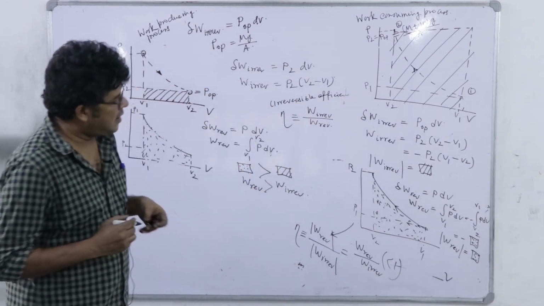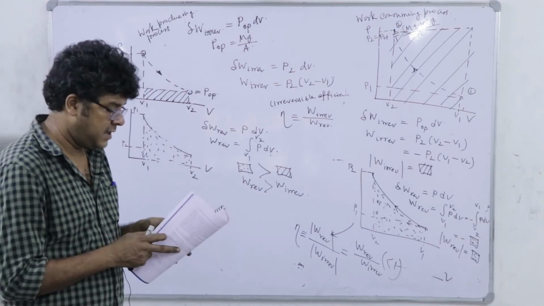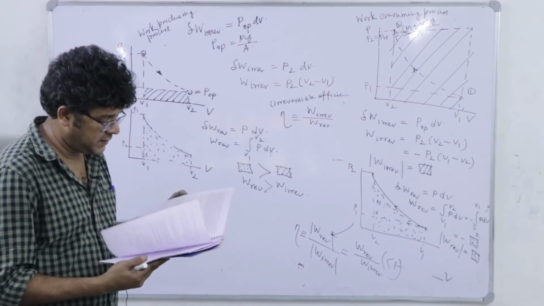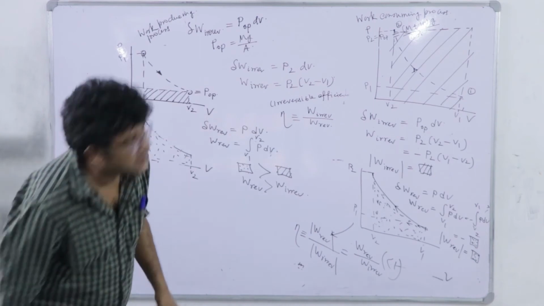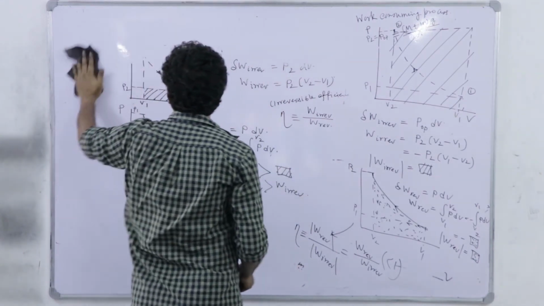So that's the idea of the reversible process as the most efficient process, and the concept of irreversible efficiency, whatever we have introduced, right? So that's the justification and preliminary discussion regarding work. Okay?